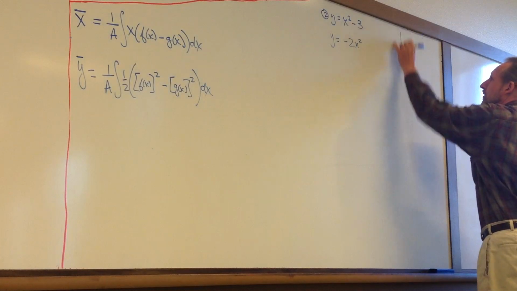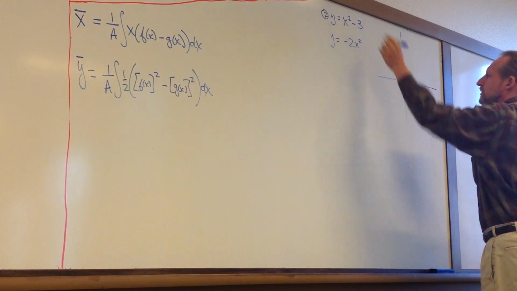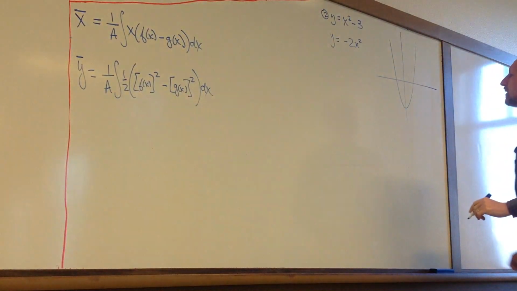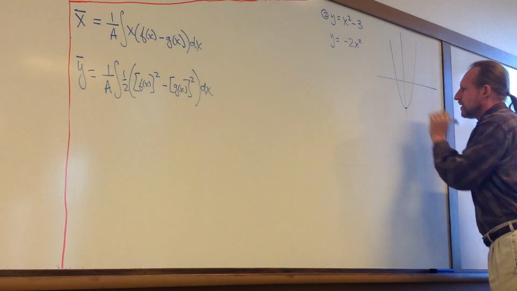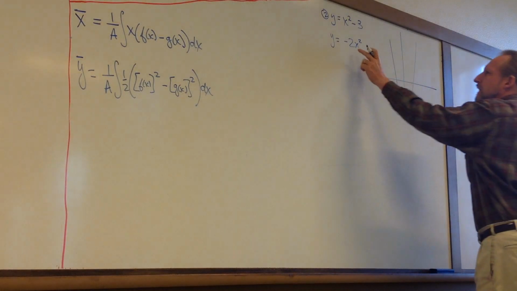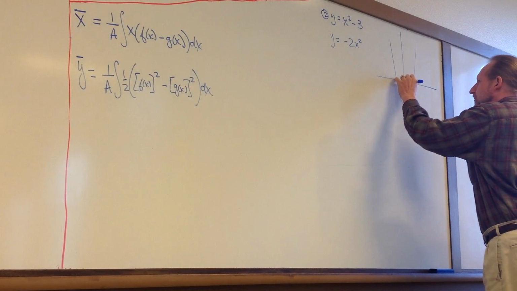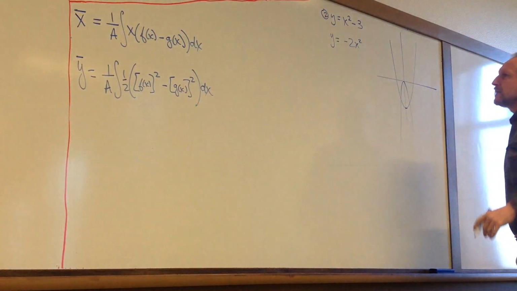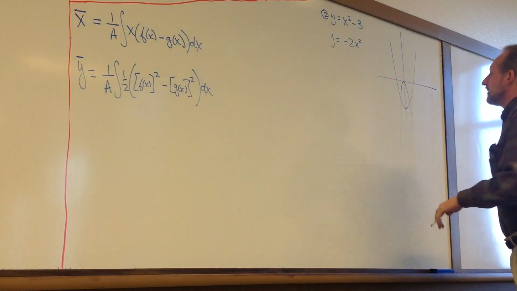These are not too taxing in this case. X squared minus 3 is just going to be the x squared parabola moved down to have the vertex at 0, negative 3. And then the y equals negative 2x squared is going to be a little bit skinnier than usual because of that 2, and it's going to be upside down because of the negative.